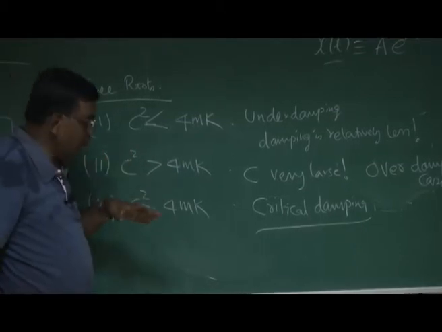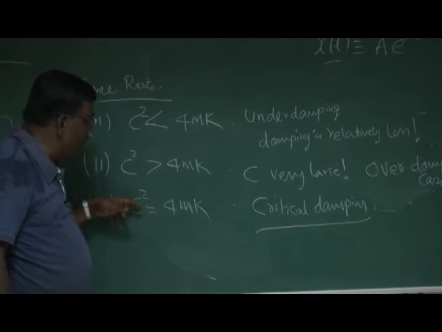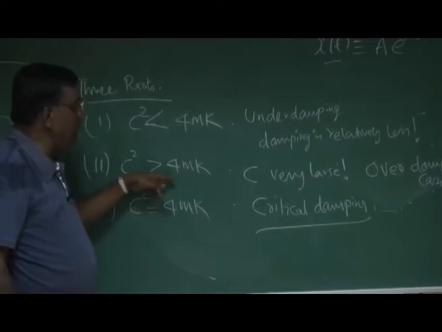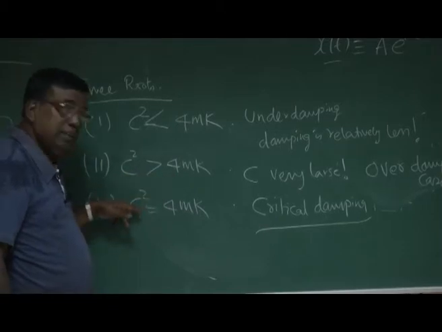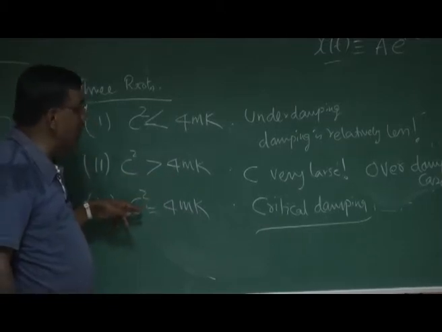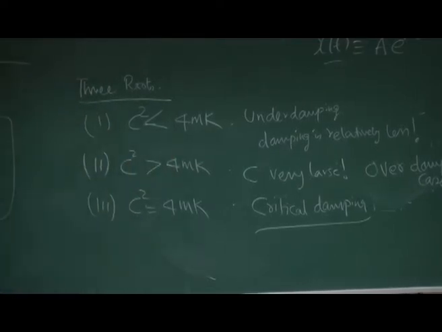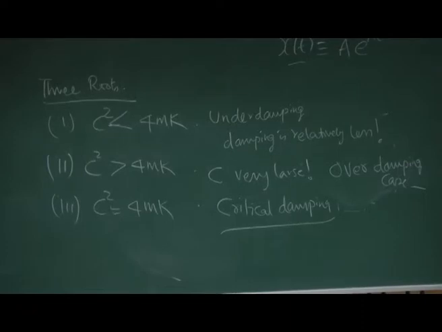If the c of the system is more than the critical damping, then it is overdamped. If c of the system is less than the critical damping, then it is underdamped. This much engineering understanding you must have. Then naturally the question comes to your mind, what is critical damping? We'll discuss that. But mathematically, these three things should be clear.